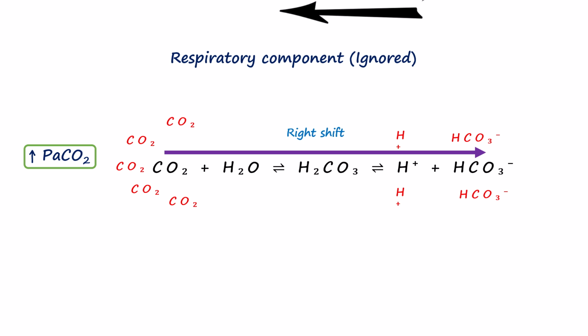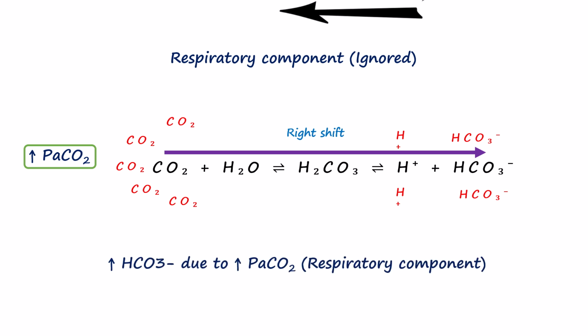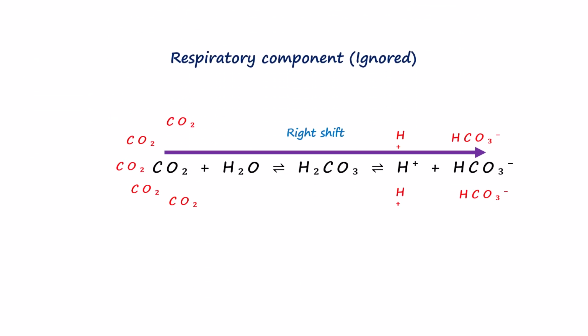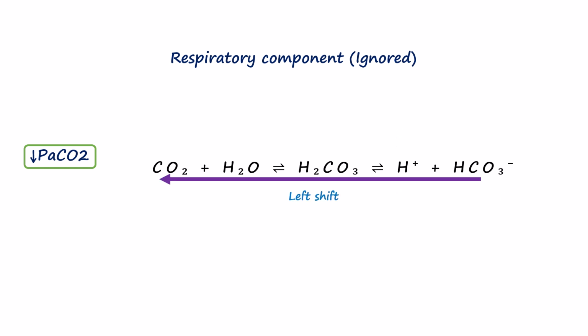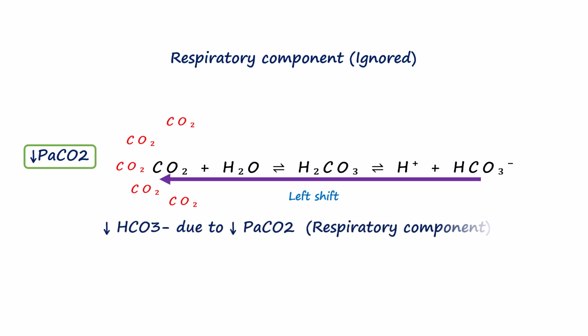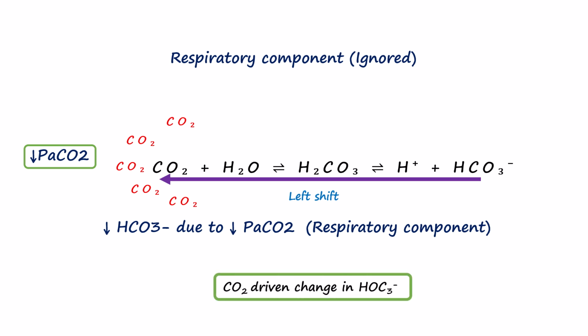Here the rise in bicarbonate is CO2 driven or passive and is not metabolic alkalosis. When PaCO2 decreases, the reaction shifts left to produce more CO2 from hydrogen and bicarbonate. The bicarbonate then falls, but again this is a CO2 related lowering of bicarbonate and not metabolic acidosis. So in both the cases, the change in bicarbonate is the after effect of change in CO2.